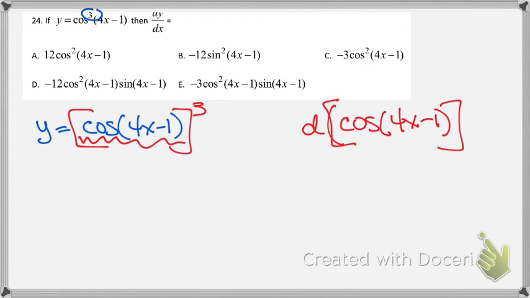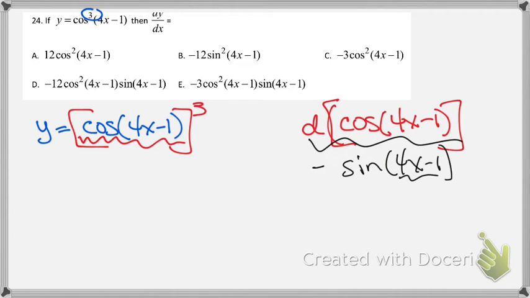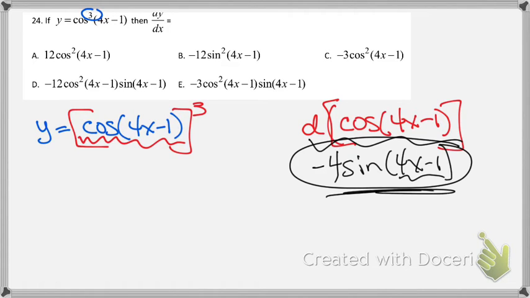Ignore the left side of this. Just look at this and answer that question. The derivative of that would be negative sine of 4x minus 1 times the derivative of the inside, 4. Okay, keep that in mind. When you do the derivative of the inside in a minute, that's what you're going to need.